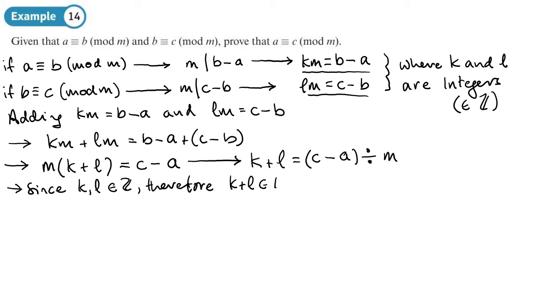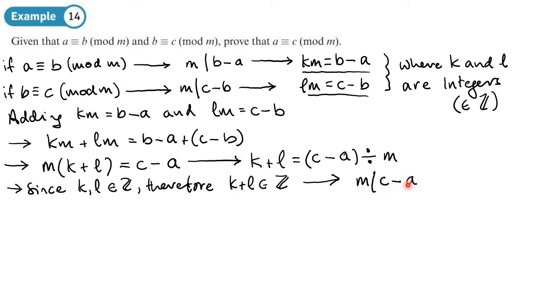What this means is that when we divide C minus A by M, we get an integer. So what can we write? M divides C minus A. And the reason we were able to write this statement is because we know it gives an integer, K plus L, which is an integer. So M divides C minus A.